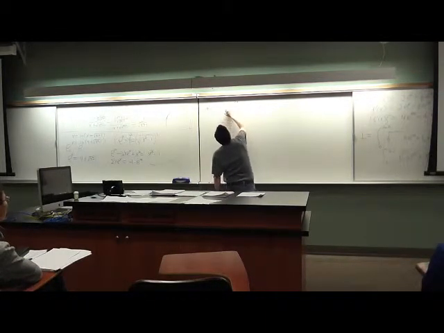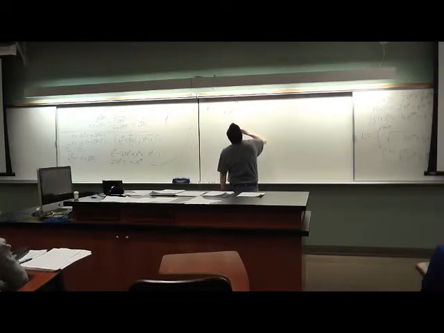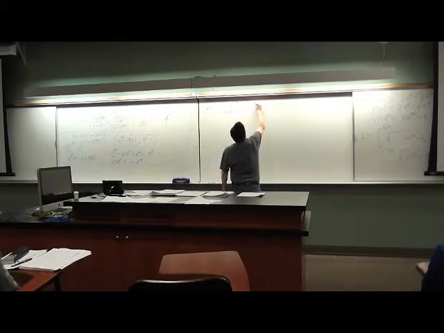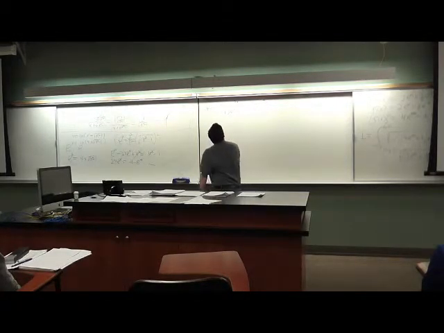These are going to become positive, so all the minuses go away. The 2 stays on the bottom. This becomes e to the x. This becomes e to the minus x over 2. All right.